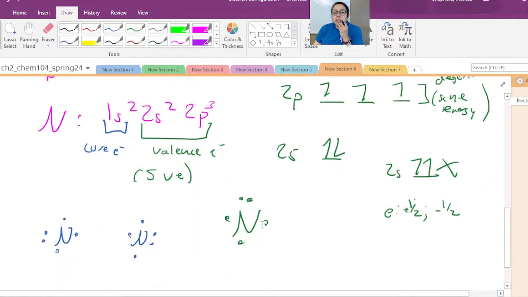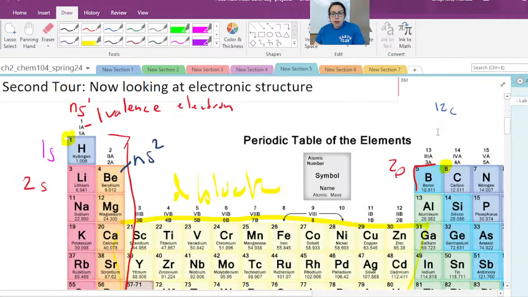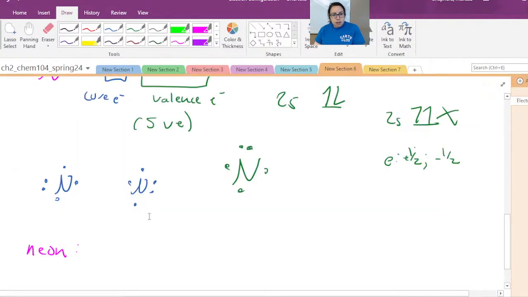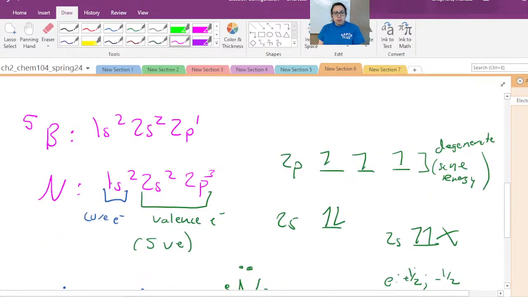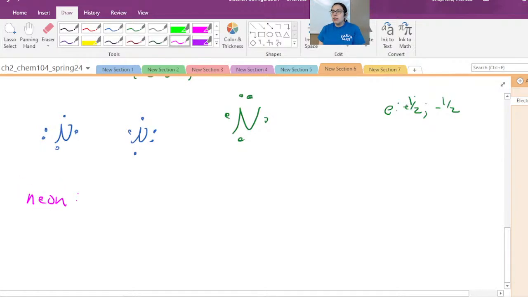All right, so let's do neon for fun now. Let's do the electron configuration of neon. Right now it's not too cumbersome, but as we continue on, we can start abbreviating our electron configurations with the noble gas. Let's just look at neon.